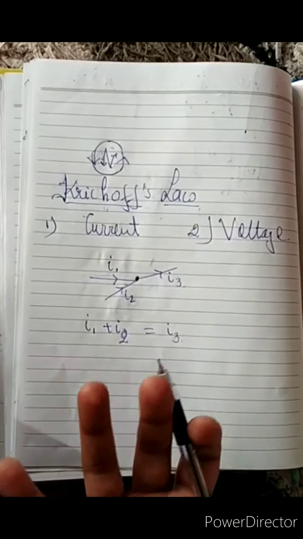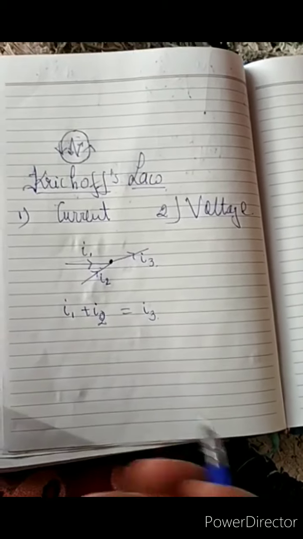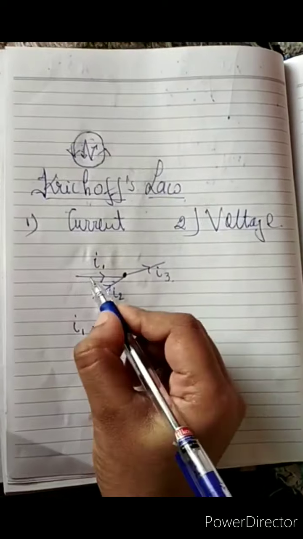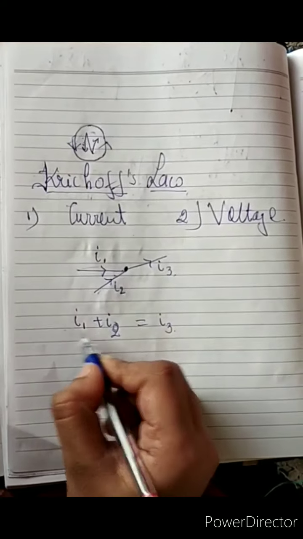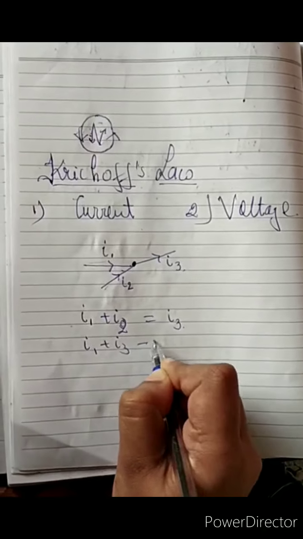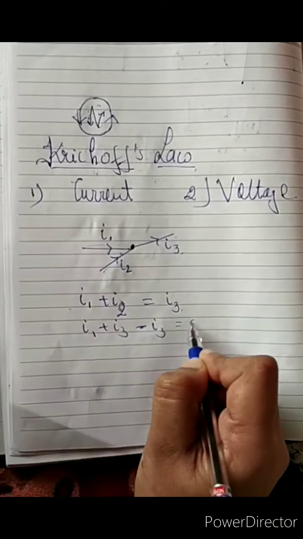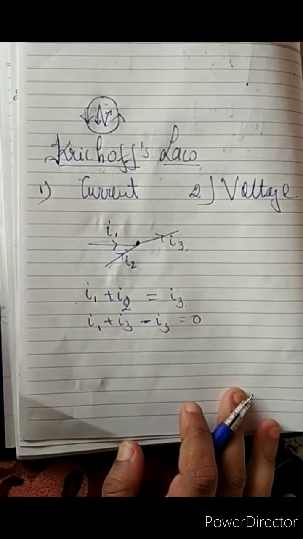By convention, if you ask where the negative and positive signs go, whatever is coming to the junction is positive, and whatever is going out, like current I3, we take as negative.